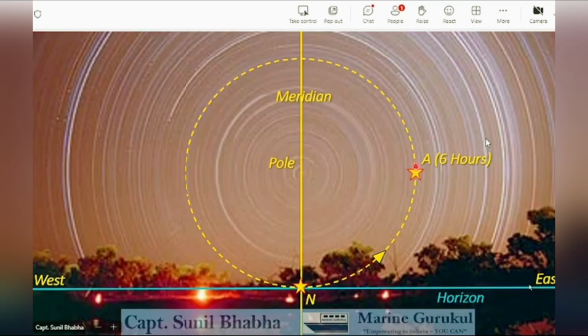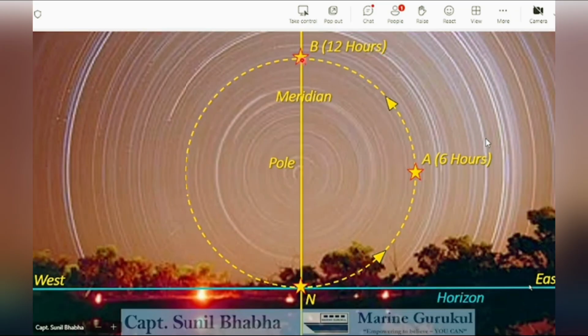After this, it is going to move further on its declination circle, again shown by the yellow color arrow on its declination circle. And after about 12 hours, the gyro star is going to be at this particular location. This is point Bravo.